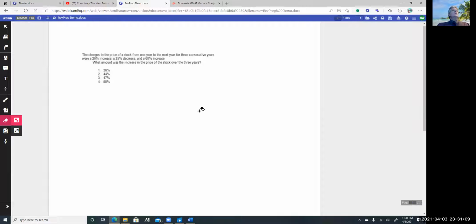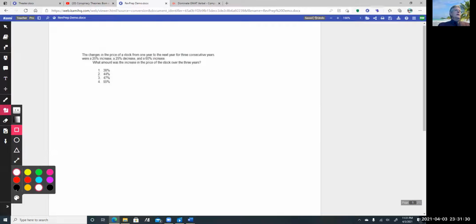All right, so just for my own preference, I like to get a visual of what I'm dealing with. I know that this is going to be a percentage problem, but I kind of want to visualize what's happening here. So the first thing I'm going to do is to set a baseline here. I better get a color that I can see.